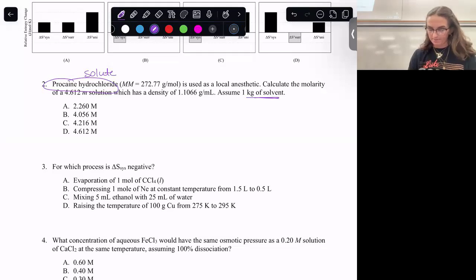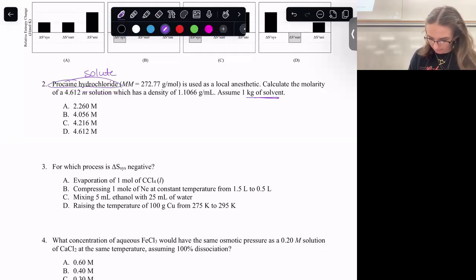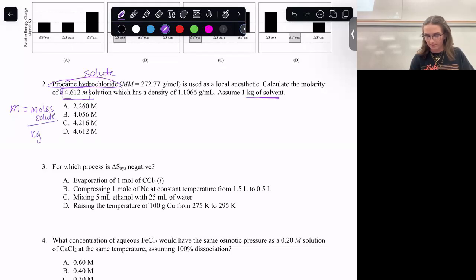We are given a 4.612 molal solution of this solution that we have. What are the units of molality? Perfect. So we have moles solute over kilograms solvent.